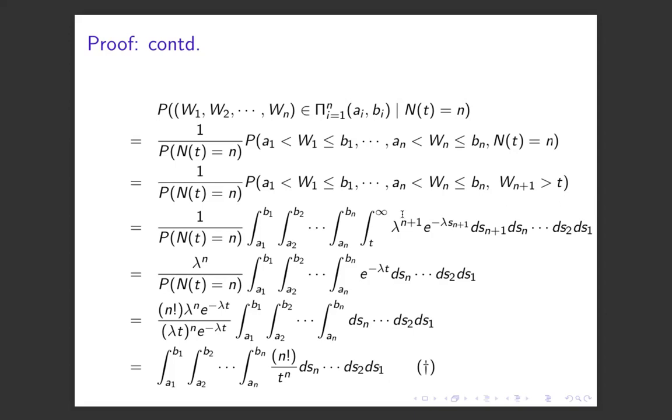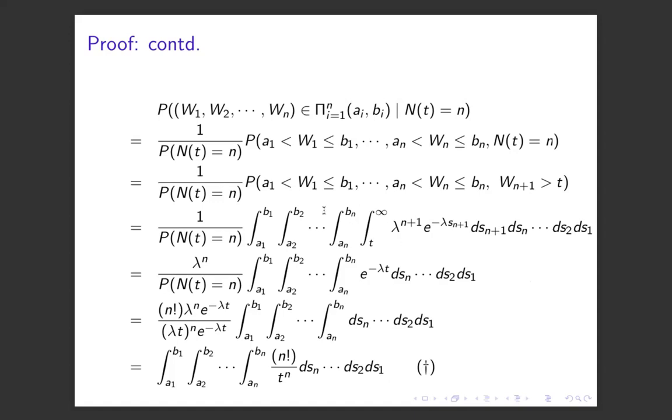Please carefully note this here. Why is this equal to this? It takes value in that rectangle, which I just now mentioned, that is this one times (t, infinity). It is a rectangle in the n plus 1 dimensional space.